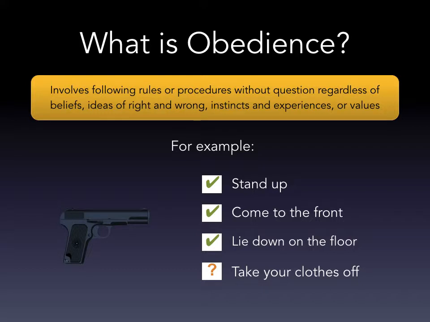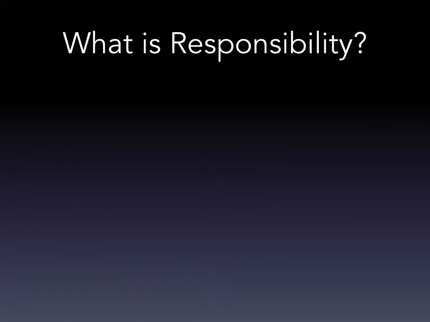So if we go back to it, obedience is following rules or instructions without question, regardless of their beliefs, ideas of right or wrong, instincts, experiences or values. The power comes in that the student obeyed every command that the lecturer gave. So that is obedience.